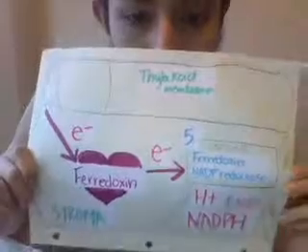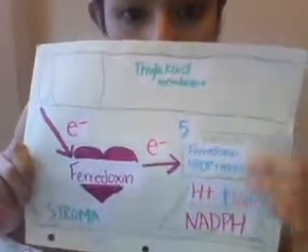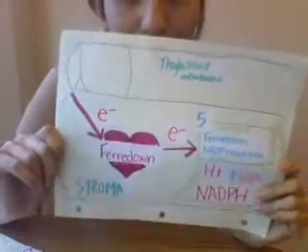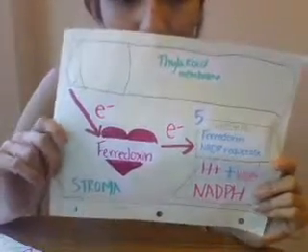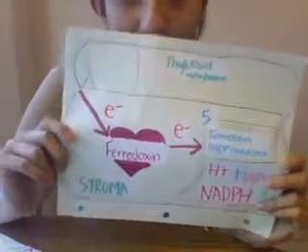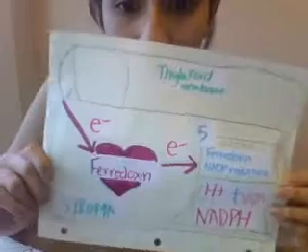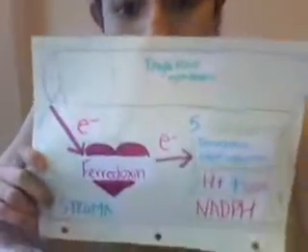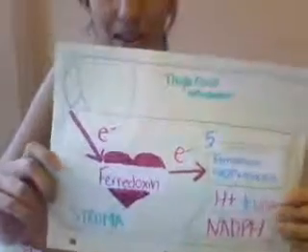Now we're just looking at the stroma and the membrane. Notice I don't have the thylakoid space up here because I'm just focusing on these two parts. Now that ferredoxin, our fourth electron acceptor, got that electron, where's it going to take it? It's going to take it to this enzyme called ferredoxin NADP reductase, which is our fifth electron acceptor.